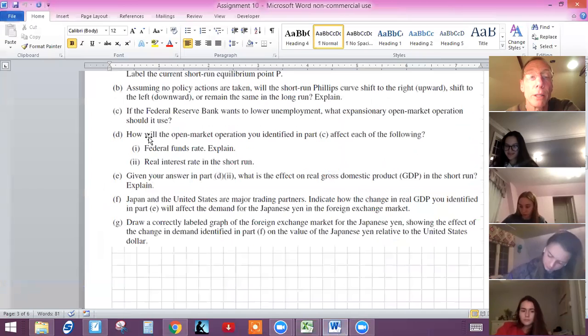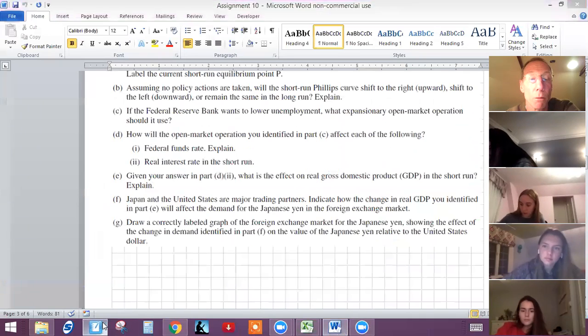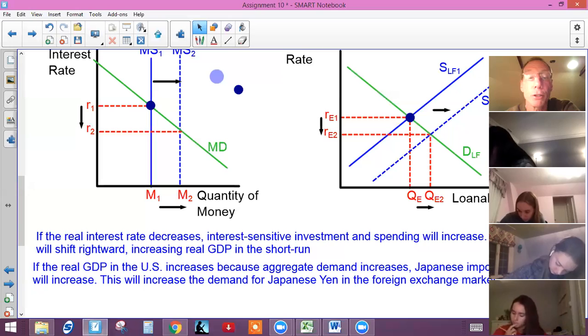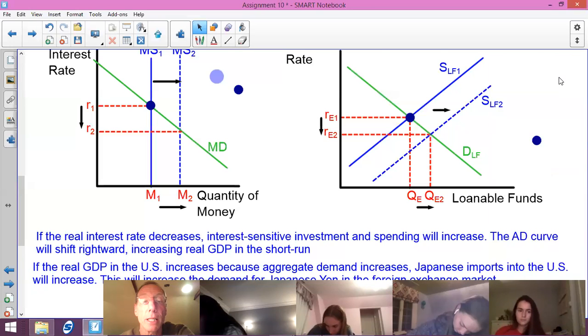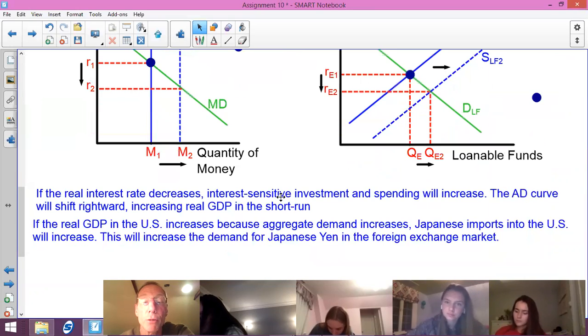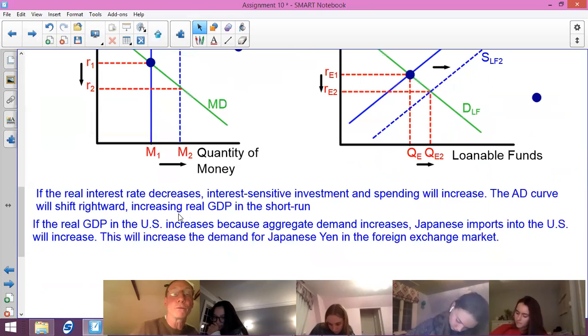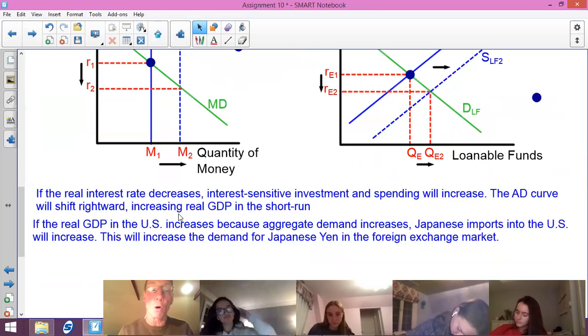Given your answer in part D2, what is the effect on real gross domestic product in the short run? Explain. Okay, so if the real interest rate decreases, interest-sensitive investment spending will increase. Now, this is where I don't want you to get confused. When you're talking about foreign investment, foreign investors come in and buy things like government bonds.